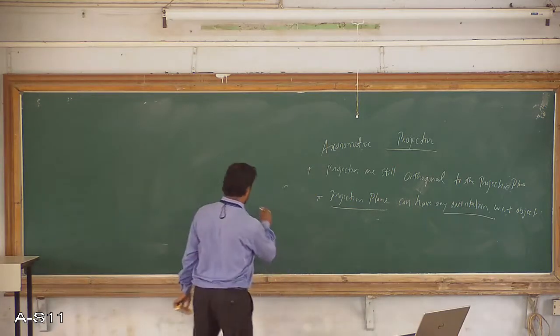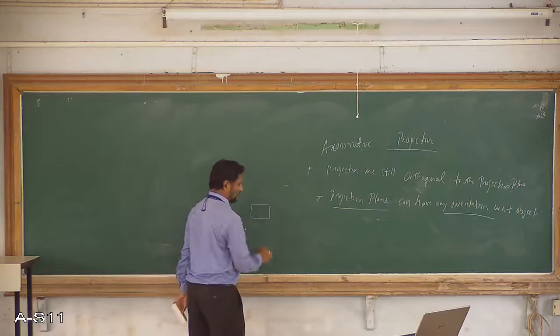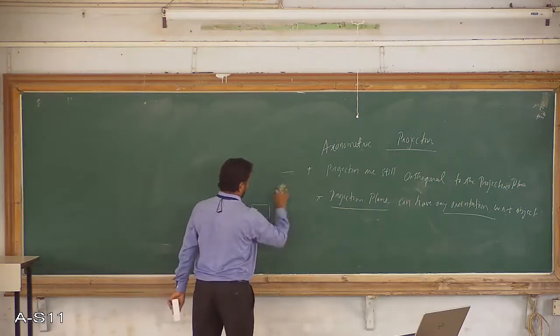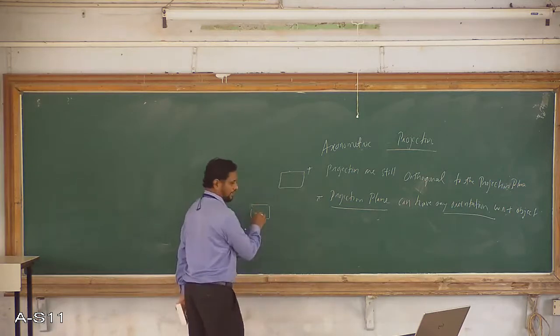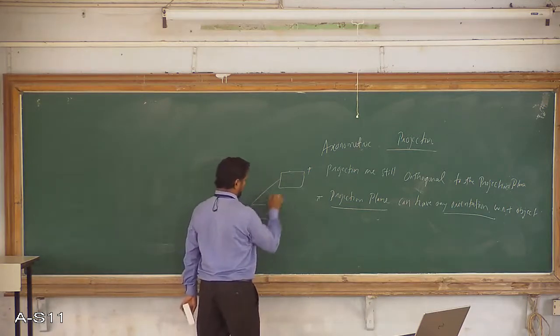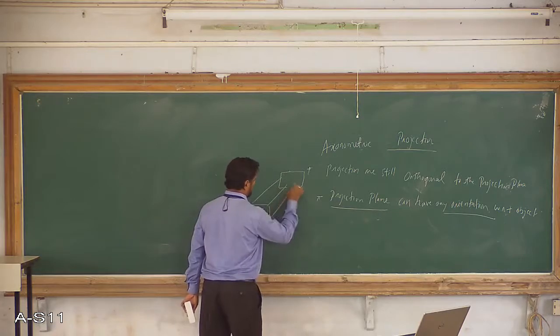I'm just orienting the projection plane with respect to my object. So if I consider this as my object, and if I consider my projection plane as placed here, I can say my object is being pitched this way.